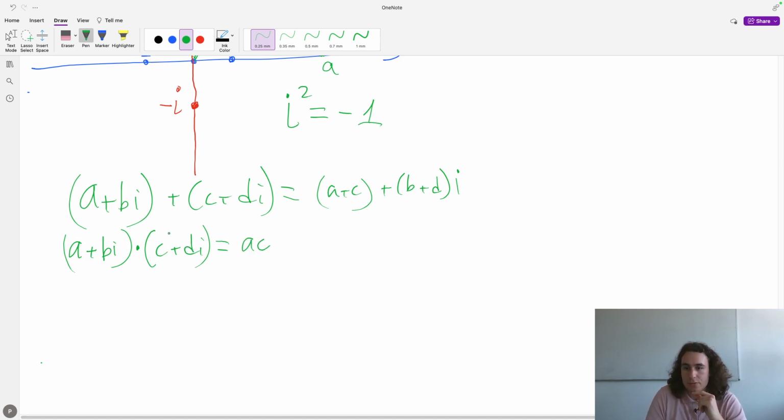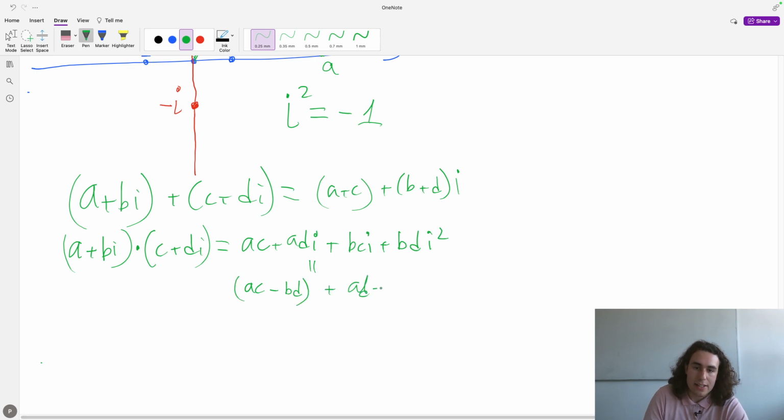Then we have a times di plus bc i, and then bi times di will be bd times i squared. But we know that i squared is -1, so actually this is (ac - bd) + (ad + bc)i.